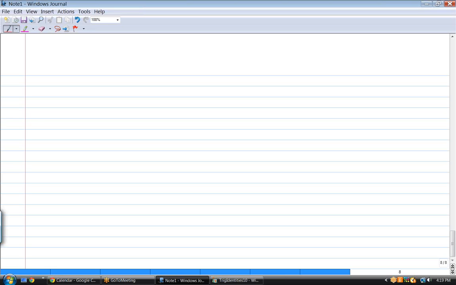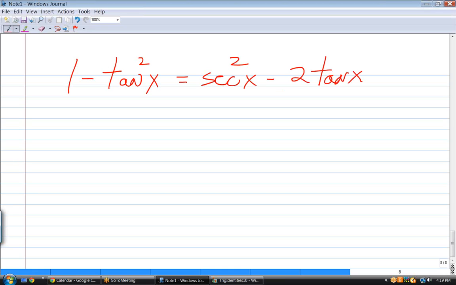And now, the moment you see tan squared, you should say, well, maybe I'm not going to turn everything into sines and cosines here. Notice that I don't have any to start with. Also notice that I have a trig identity that involves tan squared. 1 plus tan squared.